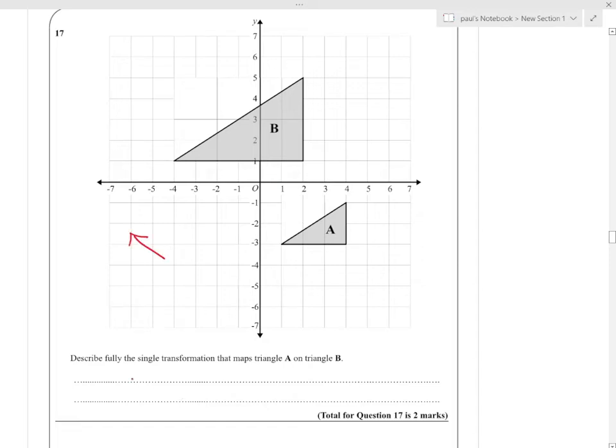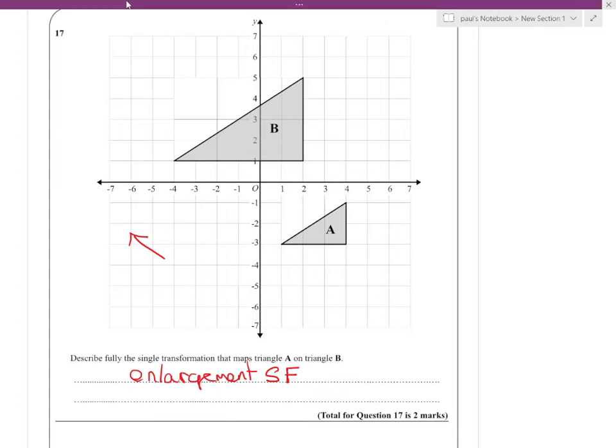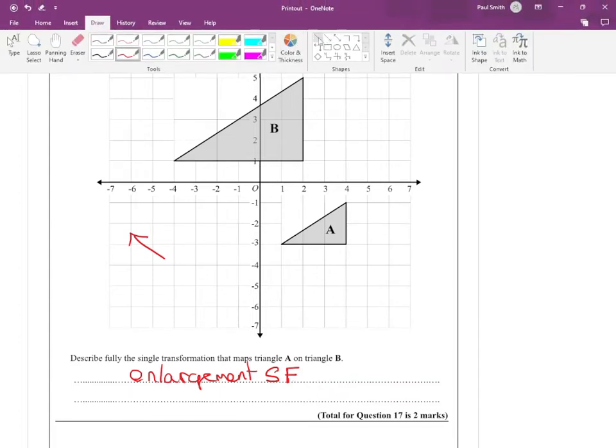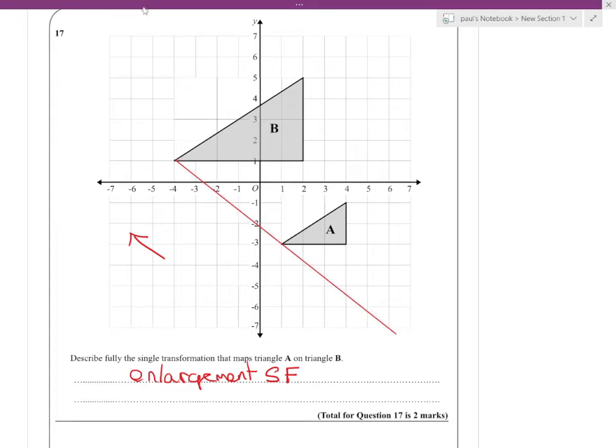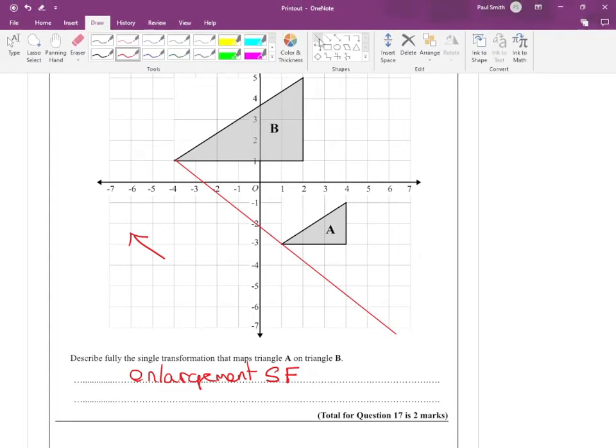So already we know it's an enlargement, by a whole number scale factor. So what we do is join up the corners, and then we can find the origin. Right, let's do that.